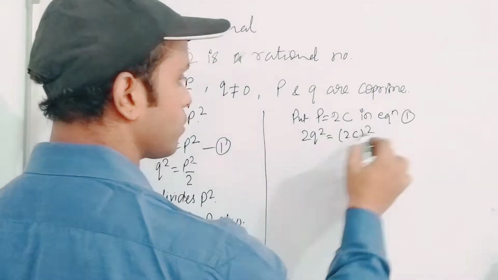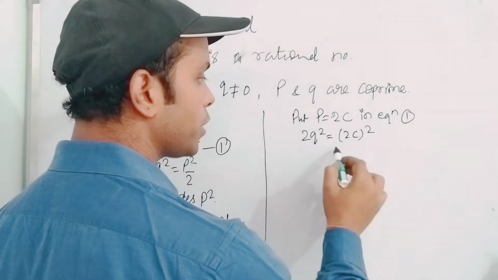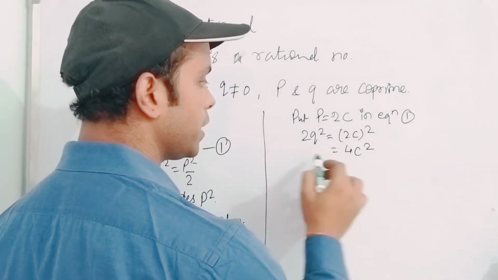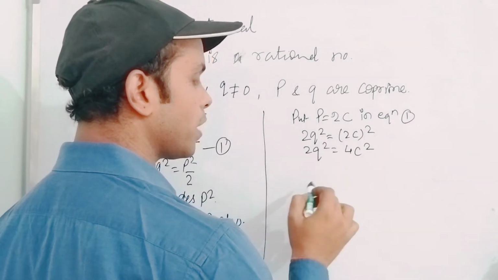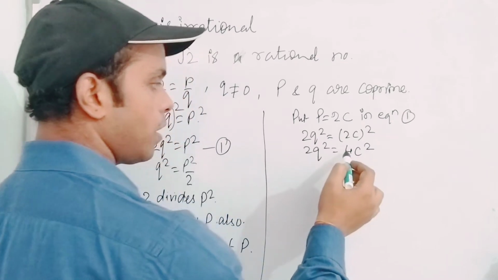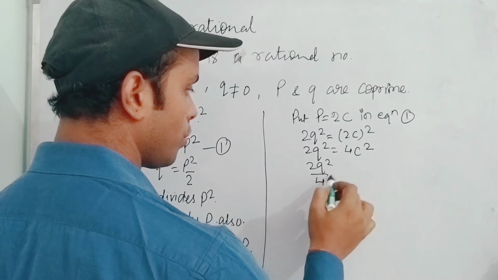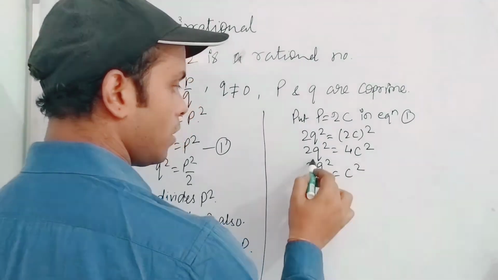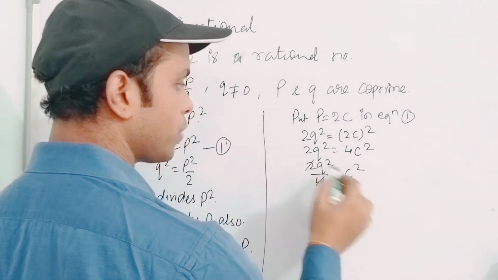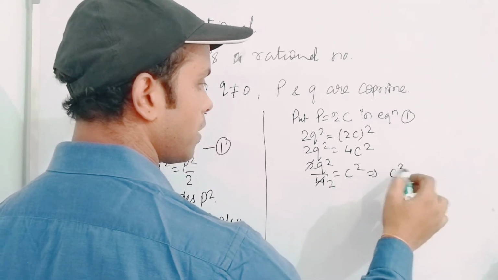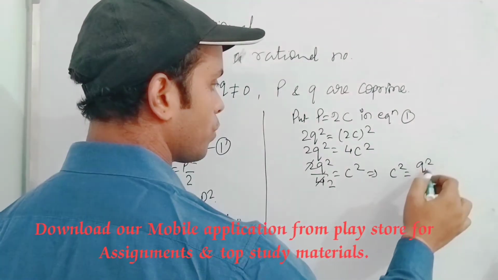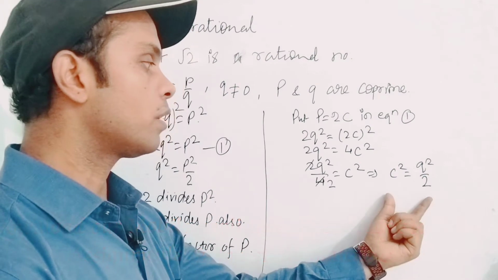So p square is 2c square, and 2c square is 4c square equals 2q square. Now look, we can shift 4 here. Then we obtain 2q square upon 4. So we obtain c square equals q square upon 2.